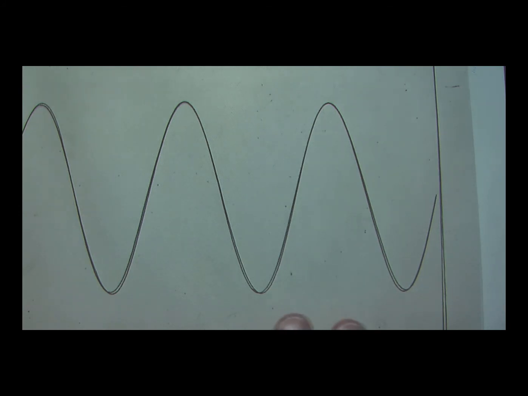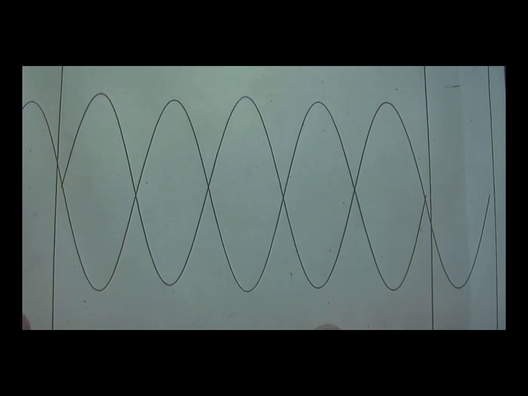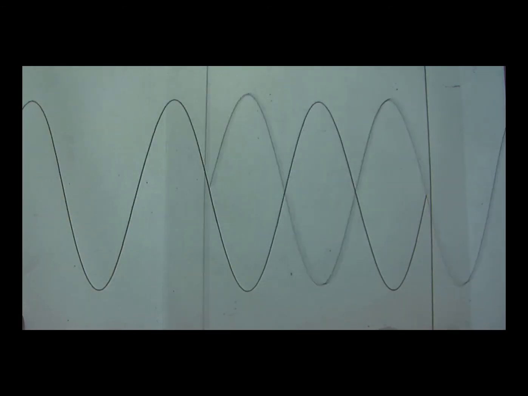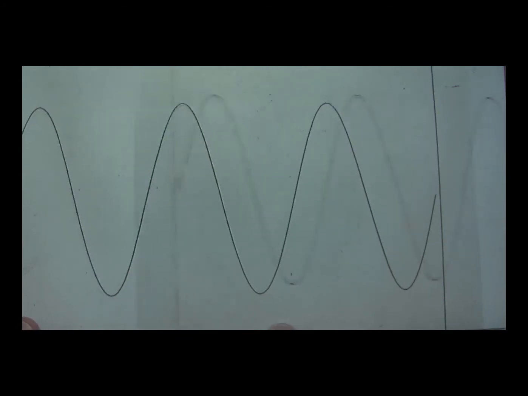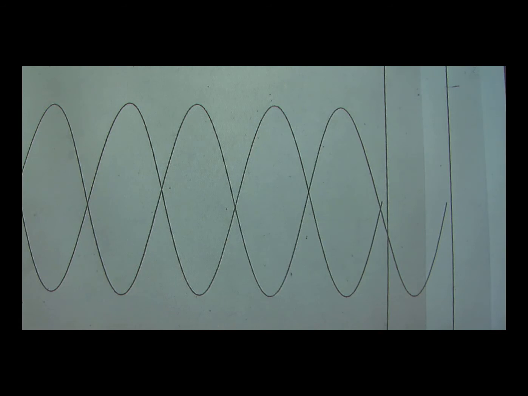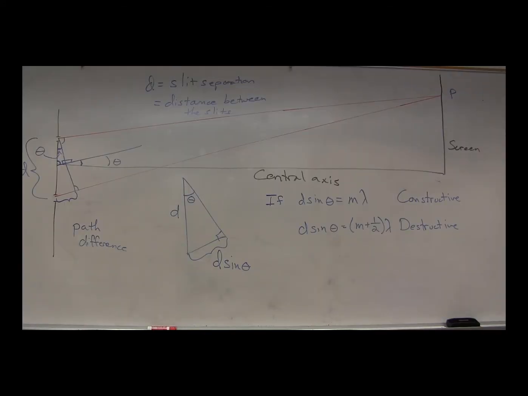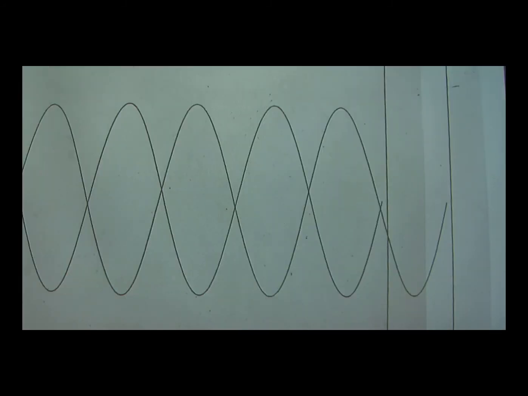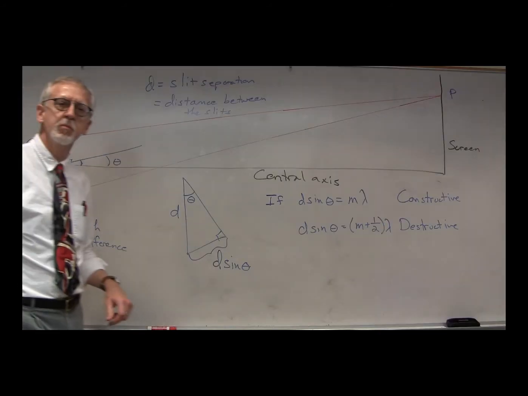If one of the waves has to move an extra half wavelength, or 1.5 wavelengths, or 2.5, or 3.5, 4.5, 5.5, then they will end up out of phase, and we will have destructive interference. So all we need to do is look at that path difference, d sine theta, and determine whether it's an integer number of wavelengths or an integer plus a half number of wavelengths. That will tell us whether it's constructive or destructive interference.